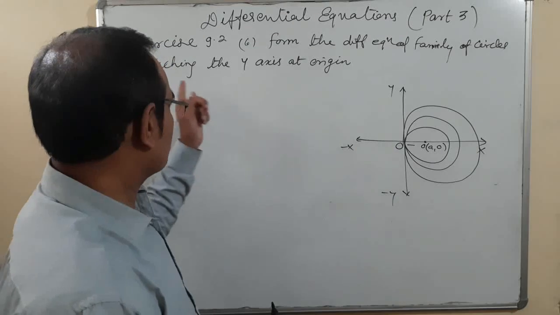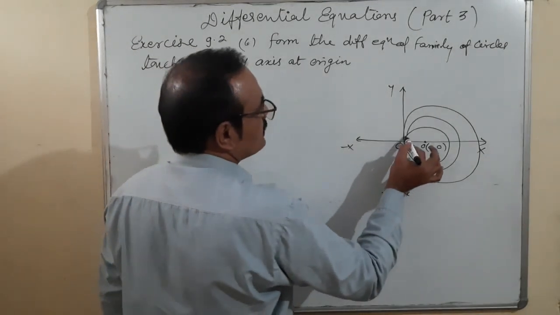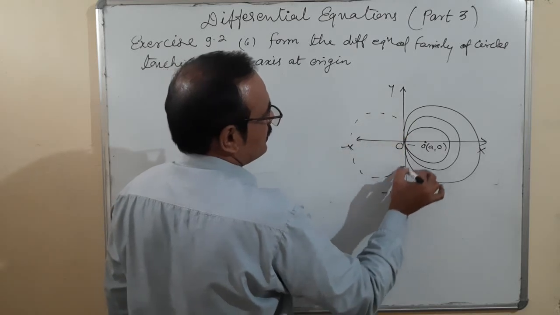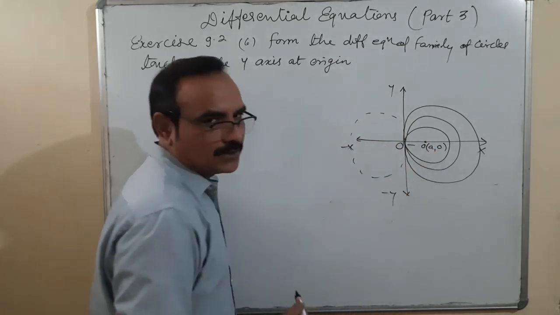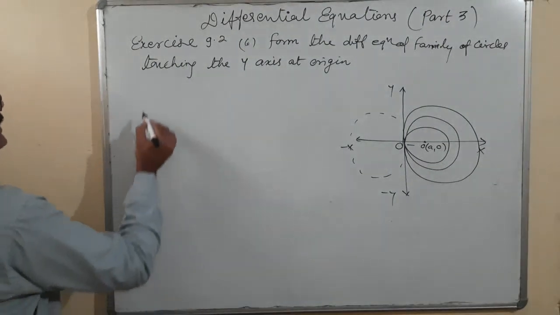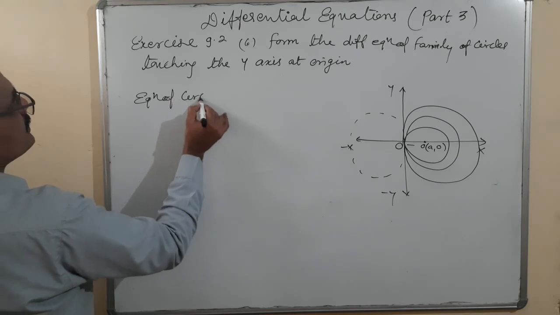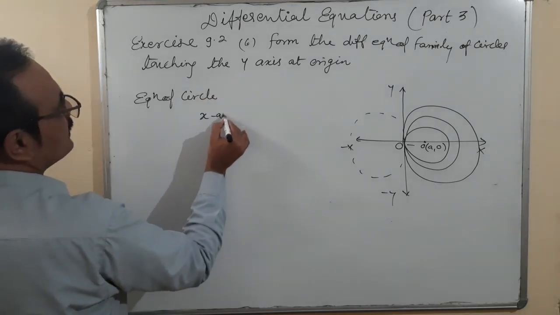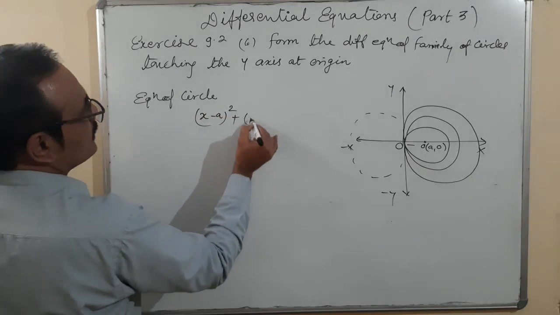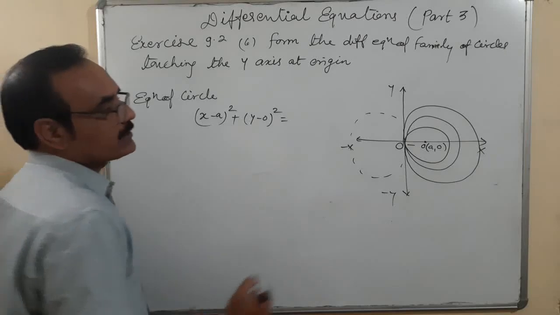Differential equation of the family of circles touching the y-axis at origin. Okay. This condition is also possible. We cannot ignore this condition. And it is coming minus a comma 0. So equation of circle is x minus a whole square plus y minus 0 whole square is equal to, what is the radius of it?